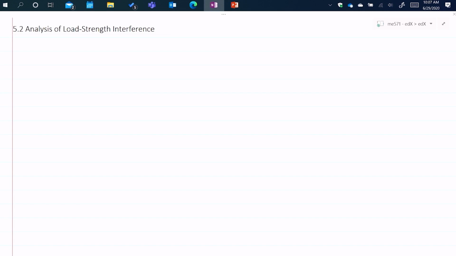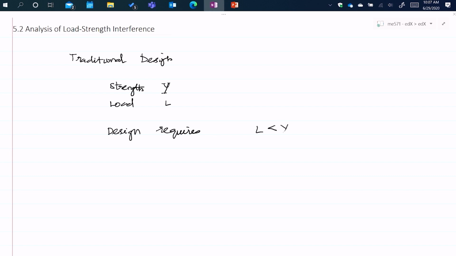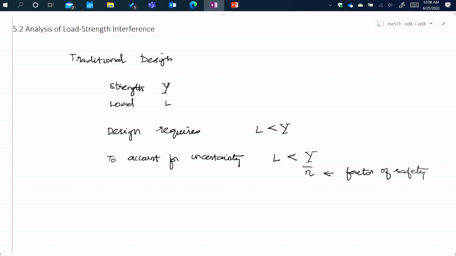So let's look at traditional design where load and strength are deterministic. Strength is Y and load is L. Design requires that L be less than strength Y. To account for uncertainty, we say that load should not be just less than strength, but it should be less than strength divided by a factor of safety N. This N is what we call the factor of safety, and Y over N is what we call the allowable stress.